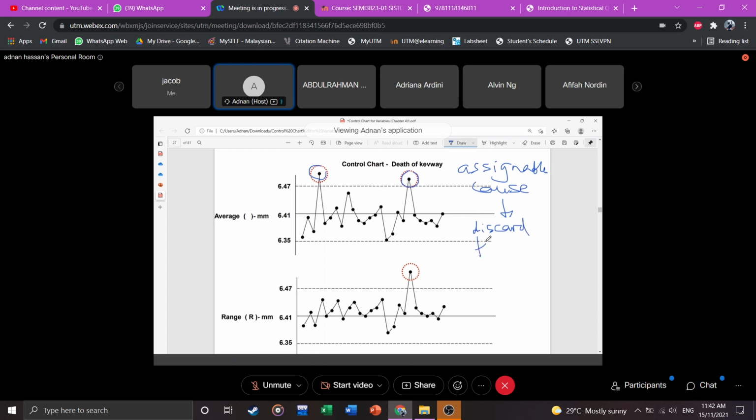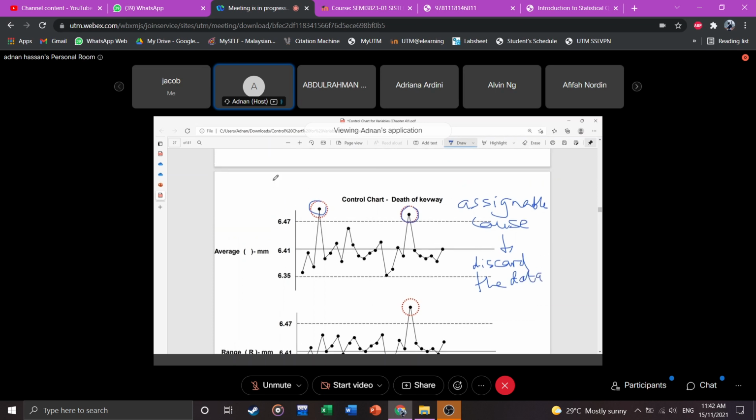Discard the data, meaning that we remove that data, especially when we do the revised control chart, which is phase 2.